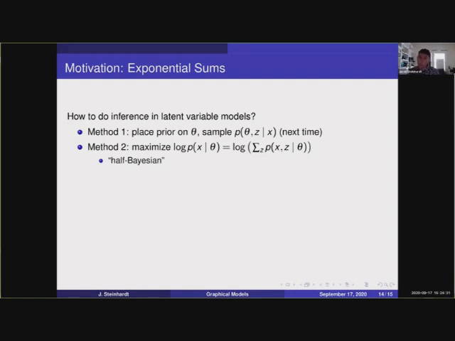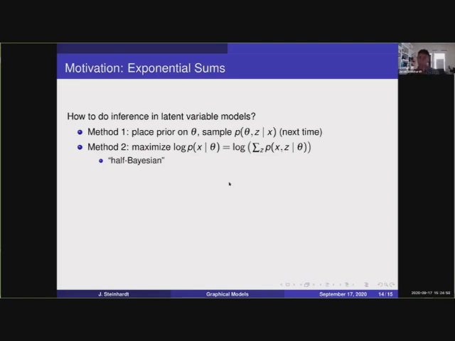Another thing you could do is, if I don't feel like placing a prior on theta, or maybe it's too much work, I could just try to do maximum likelihood on theta. So I could maximize the log probability of x given theta, meaning I marginalize out z, right? So this log probability is actually the log of some sum over all of the possible z's.